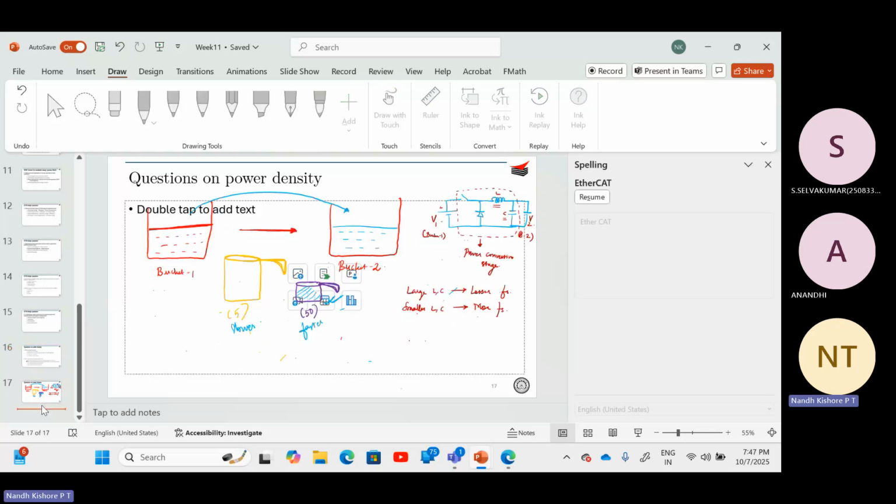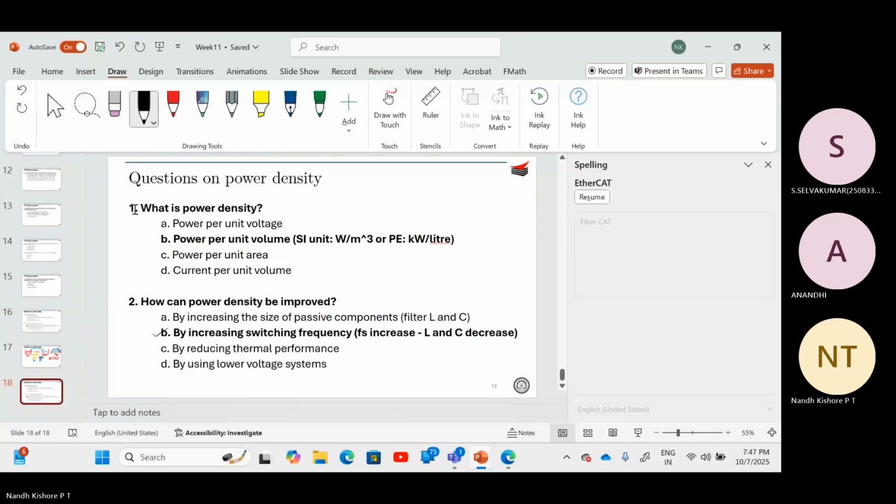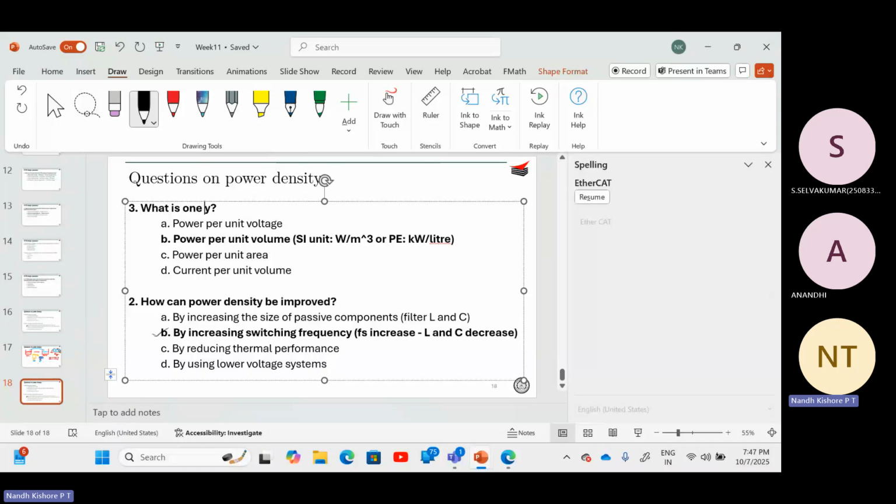So the next question is, this is again the same problem, same question. What is one benefit of increasing switching frequency?